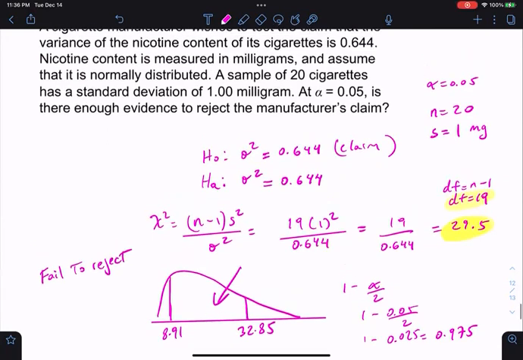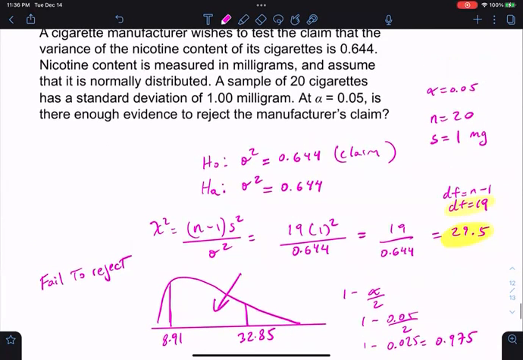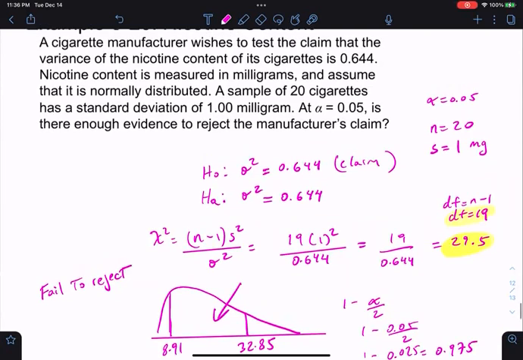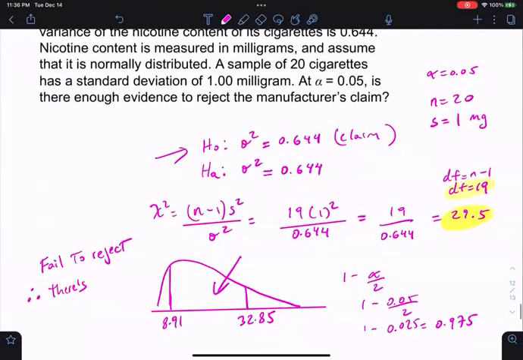So we can say that there is enough evidence to support the claim of the manufacturer that the variance of the nicotine content in cigarettes is 0.644, right? So there's enough evidence to support the claim, because this value is in the non-rejection region.